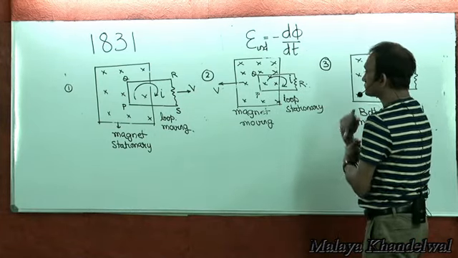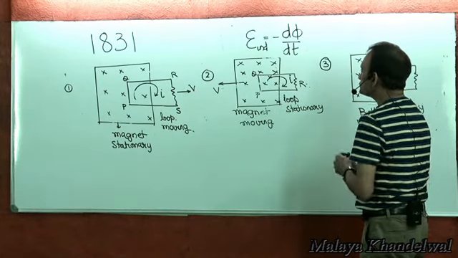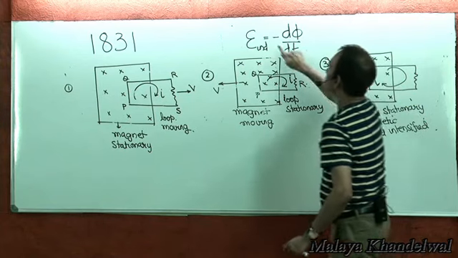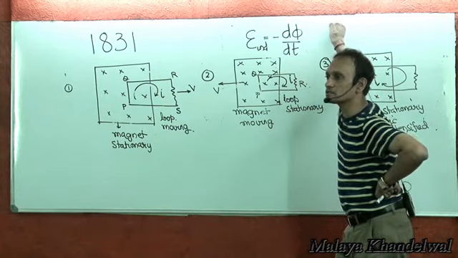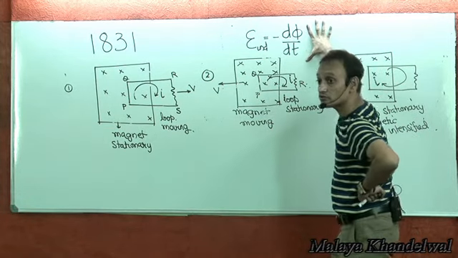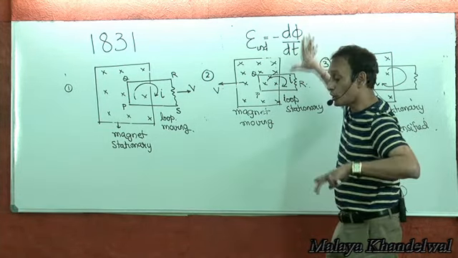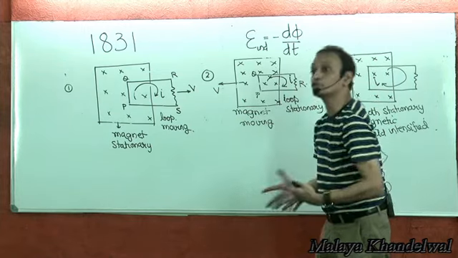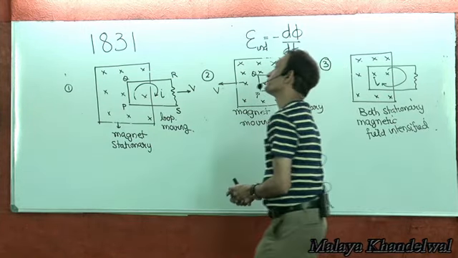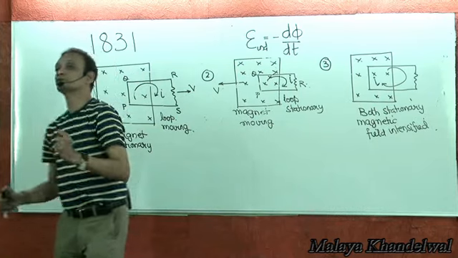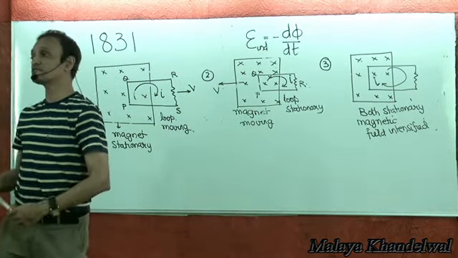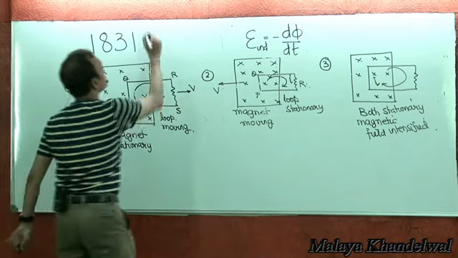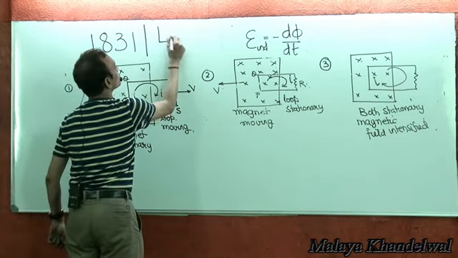Now, as far as the direction of the induced EMF is concerned, see, this is the magnitude of the induced EMF, d phi dt. Now, as far as the direction of the induced EMF is concerned, it comes out of a cardinal statement made by Professor Lenz, and he pronounced this as Lenz's law.